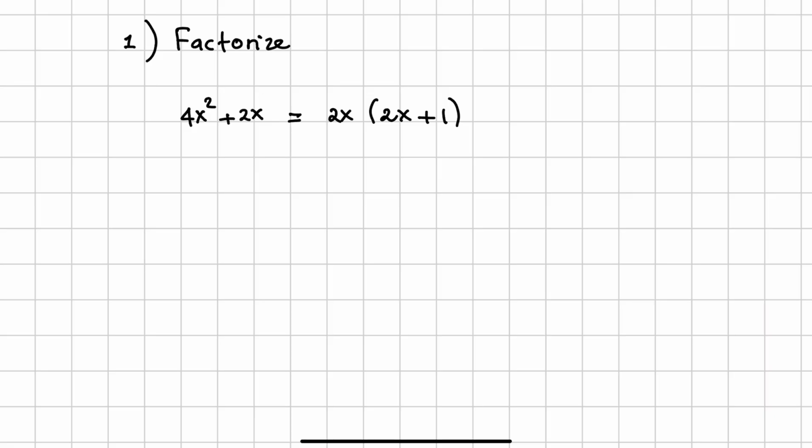You can see this is one factor and another factor. So we can conclude that factorization is the way we write an expression from a sum or subtraction into a multiplication of factors.